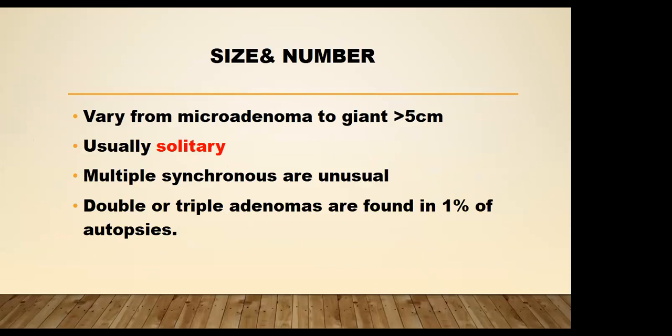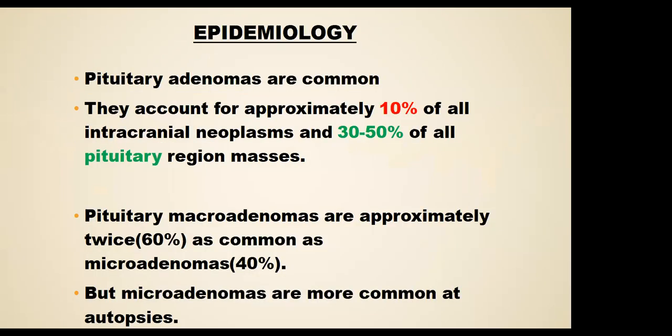Regarding the size and number, they vary from microadenoma to giant adenoma, which is more than 5 centimeters. They are usually solitary. Multiple synchronous adenomas are unusual, and double and triple adenomas are found in 1% of autopsies. Pituitary adenoma accounts for 10% of all intracranial neoplasms, and 30 to 50% of pituitary region masses.